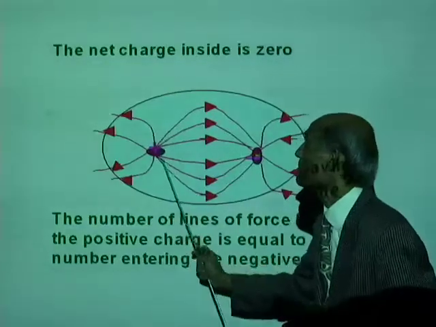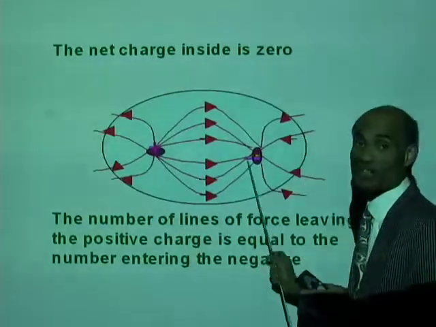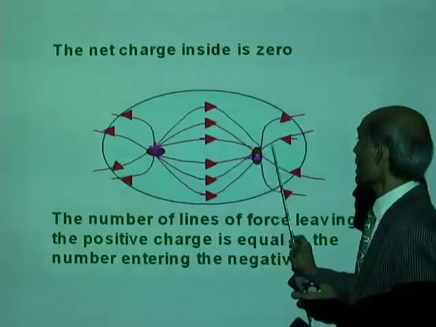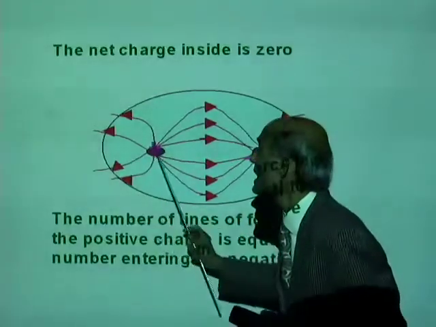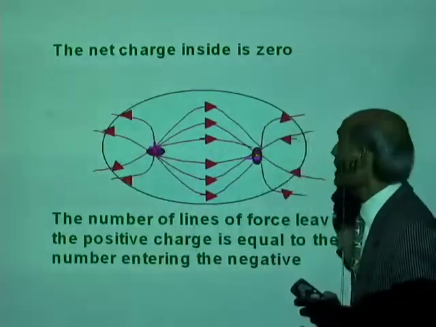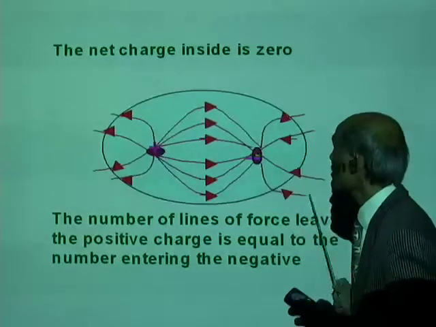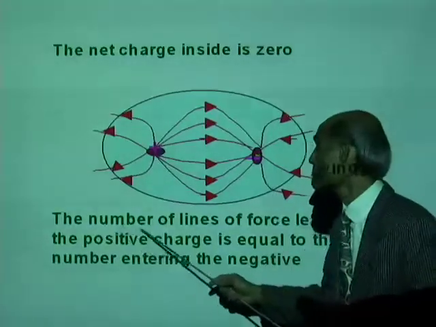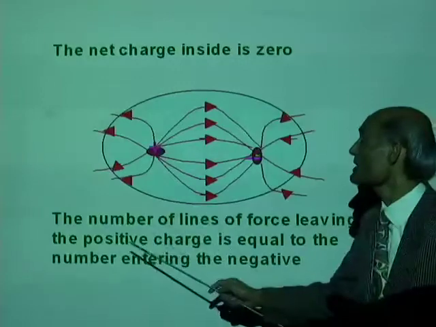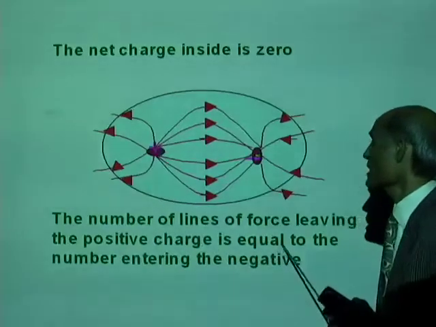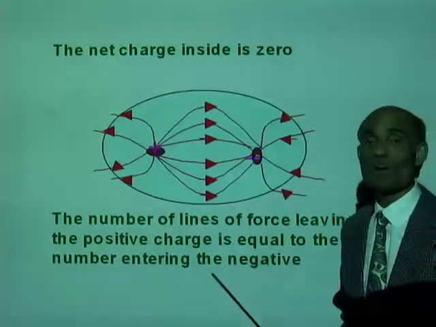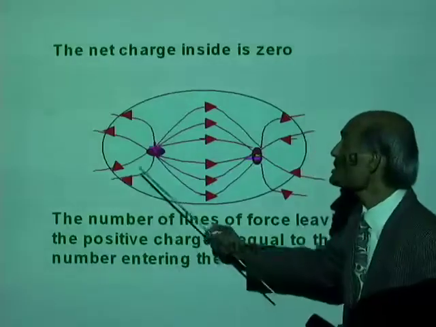You can see there's a positive charge and a negative charge. There are 4 field lines leaving. There are 4 field lines entering. The number of lines of force leaving the positive charge is equal to the number of lines entering the negative.